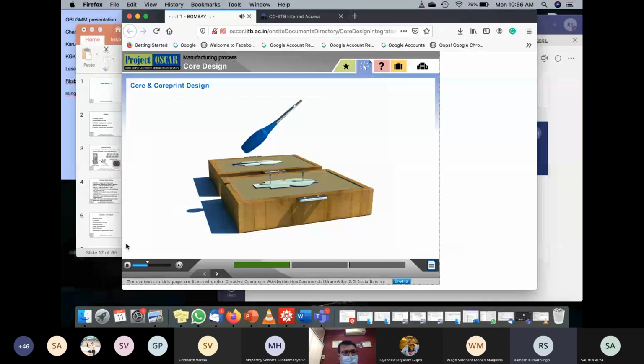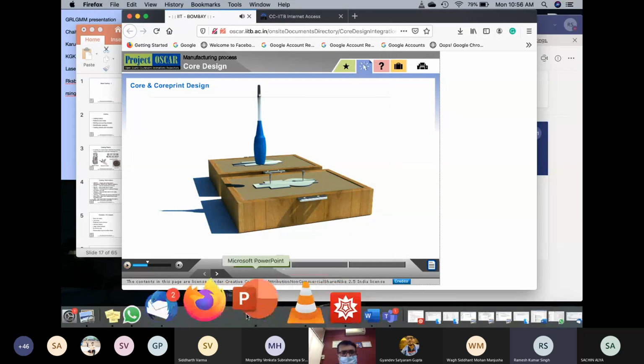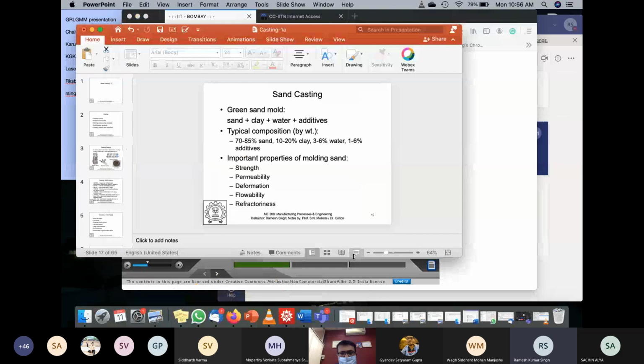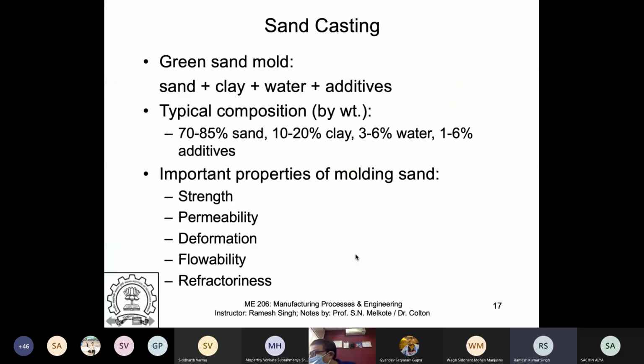Okay. I'll stop this here and go back to this. So now you get what sand casting is, right? Anybody who has not gotten sand casting? Okay, good. Very good question. How is the pattern made? So a pattern can be made by machining, or somebody who is very skilled can carve it out of wood.